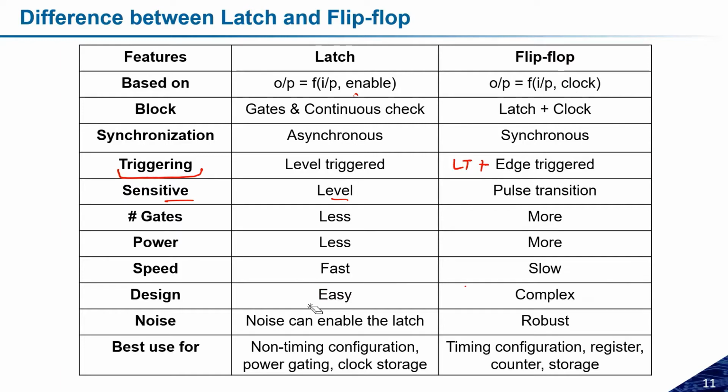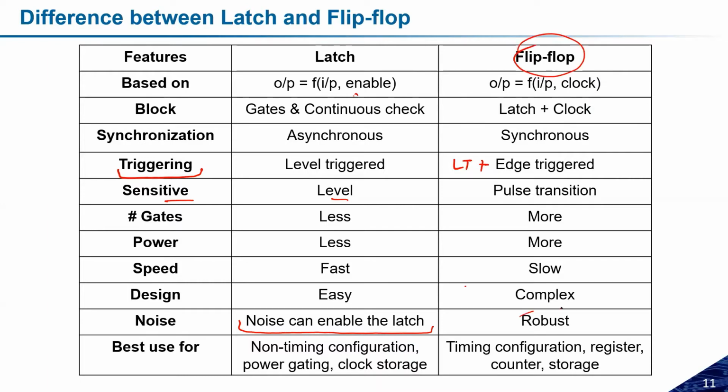But one problem with the latch is that noise can create a problem. If there is some noise, the input will change, and if it is enabled, the output will immediately change even though it is not meant to be activated. But if it is clocked and the clock is disabled, then any noise present here can be avoided. And if it is edge triggered, then noise can be avoided 100%. So this is the benefit of the flip-flop.